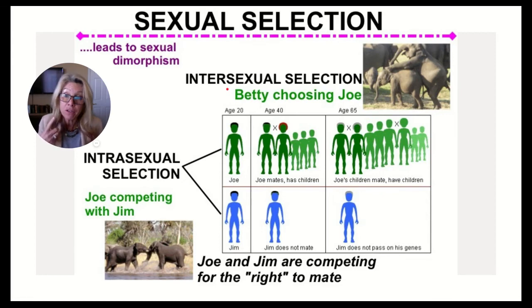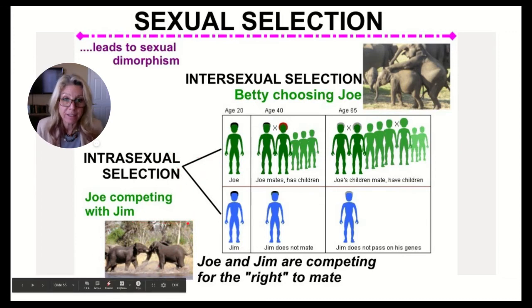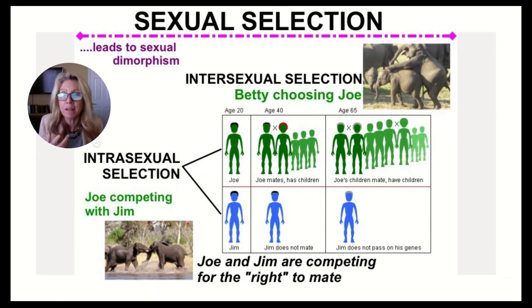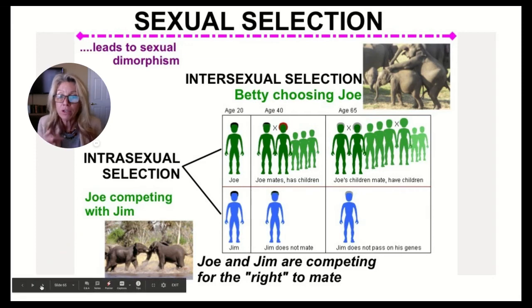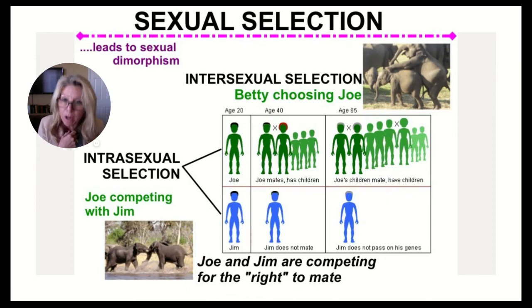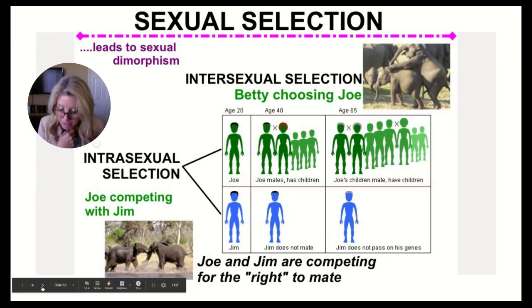Good gene hypothesis, is she looking out for fitness of her offspring, or runaway hypothesis, how colorful, how bright the appearance is. Intra, it means within, right? So this would be Joe competing with Jim. You know, who's better? These would be fights that they might have or dances they might do to compete, right? So this is a good graphic to pause here and pop in your notes for intra and intersexual selection.